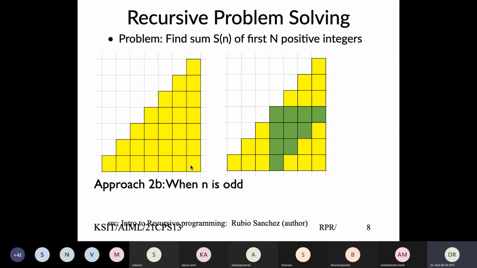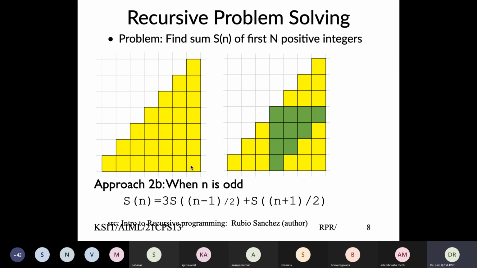So if I can find the solutions of the 3 smaller problems of n minus 1 by 2 and the solution of another smaller problem n plus 1 by 2, and I add them, I would get my answer of Sn. So I can write this as Sn is equal to 3 times S of n minus 1 by 2 plus 1 times S of n plus 1 by 2. This is when n is odd.